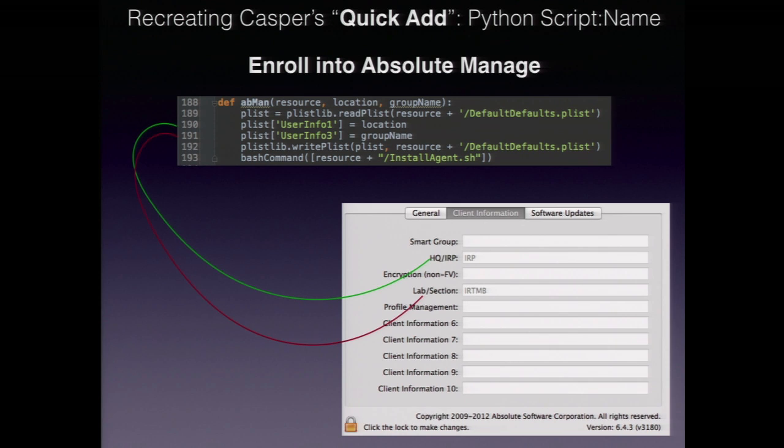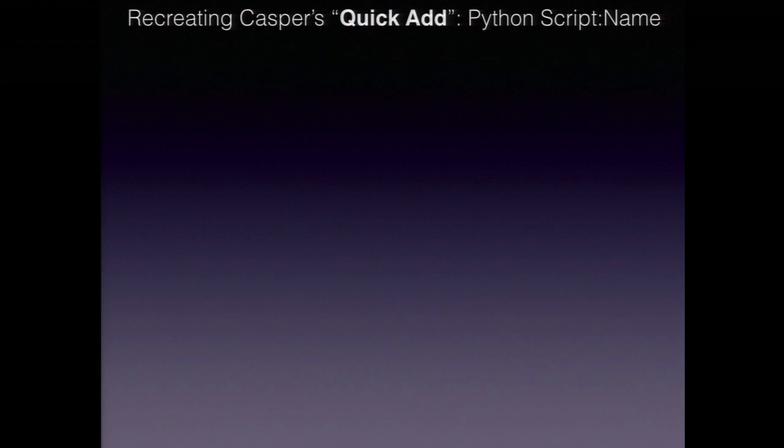And we do that here. We pass in our group location. And this is pretty specific. You can manipulate this as much as you want for the type of environment that you have. And then it goes ahead and installs the agent script that will roll this into Absolute Manage. And that is basically it.